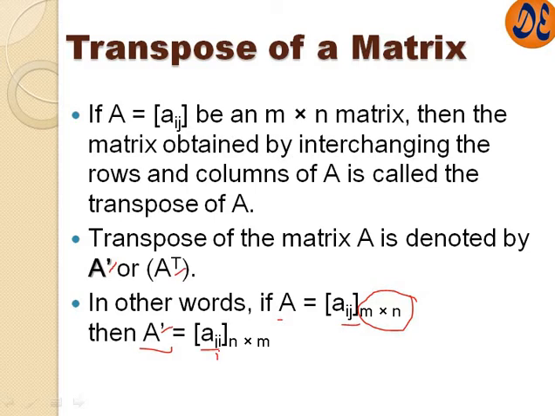Remember, this is j and this is i, and this will be n into m matrix. That means the row will become column and the column will become row of the matrix. Let us see with an example.